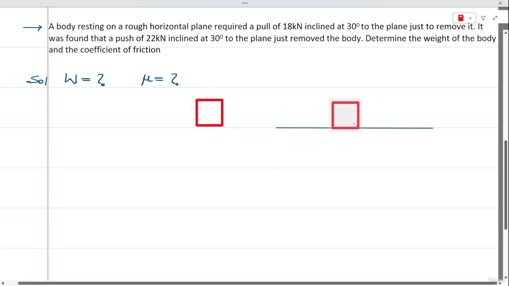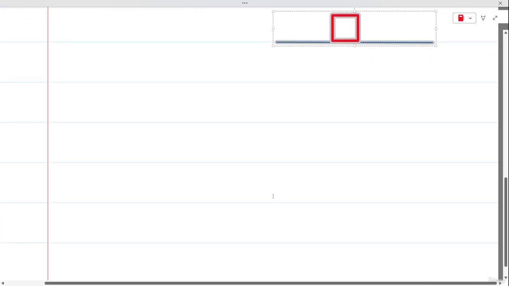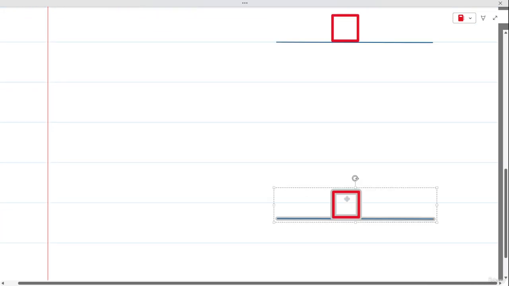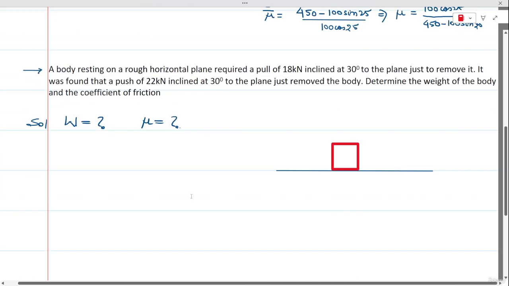So this is a case where we will consider 18 kilonewton of pull, and in the second case we would be considering 22 kilonewton of push. So let's take case number one.